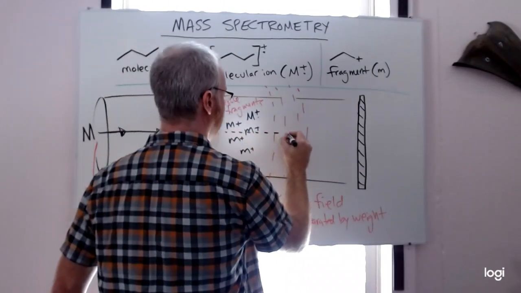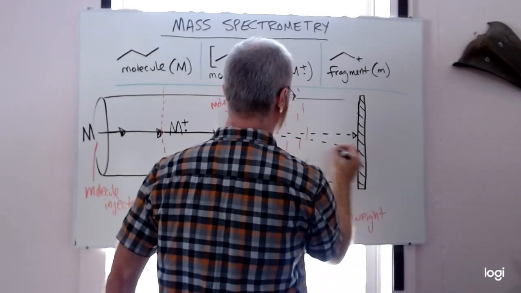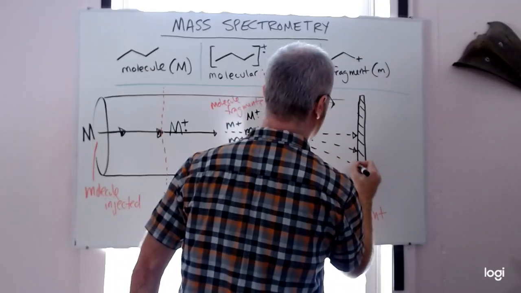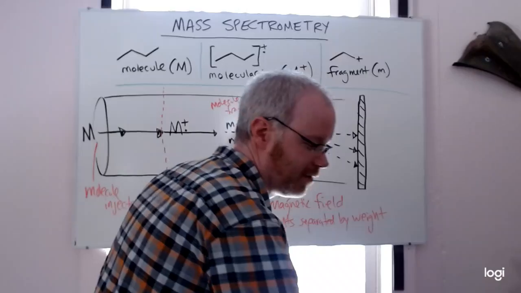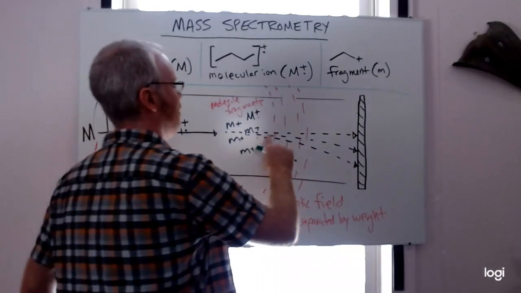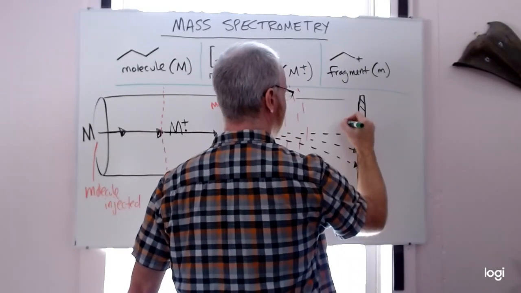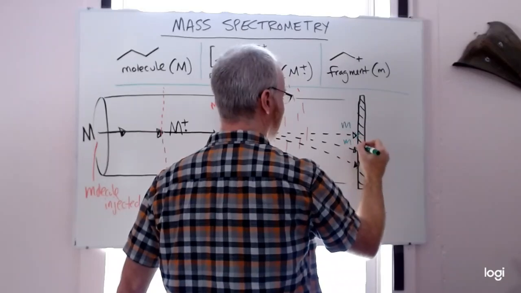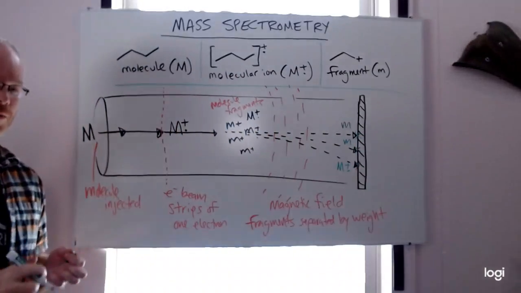Our pieces can fly through and hit the detector and cause a signal to happen that can be detected and then sent along to the computer. But the different sizes of those fragments, right? So this is one fragment, this is a heavier fragment, this may be the entire molecule, that are separated.